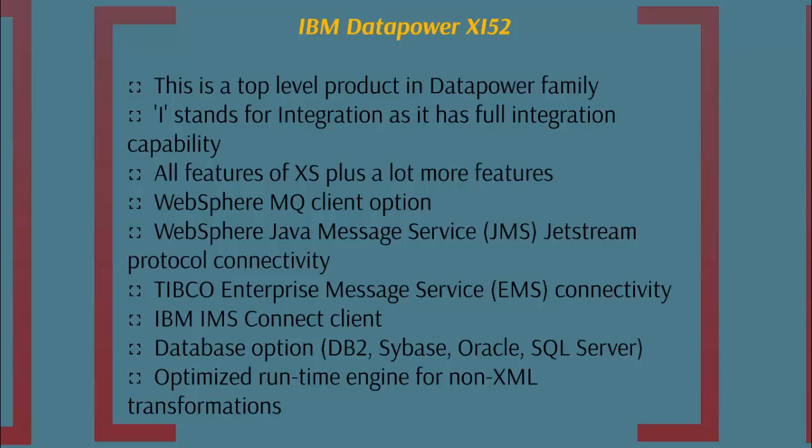We will see more about JSONx in later videos, because that's not relevant in this video. I will create another video for that. But such capabilities of changing XML into non-XML and vice versa are available in XI52 models as well. And in the mobility world, wherein we have to front-face the mobile devices, XI52 comes in very handy.